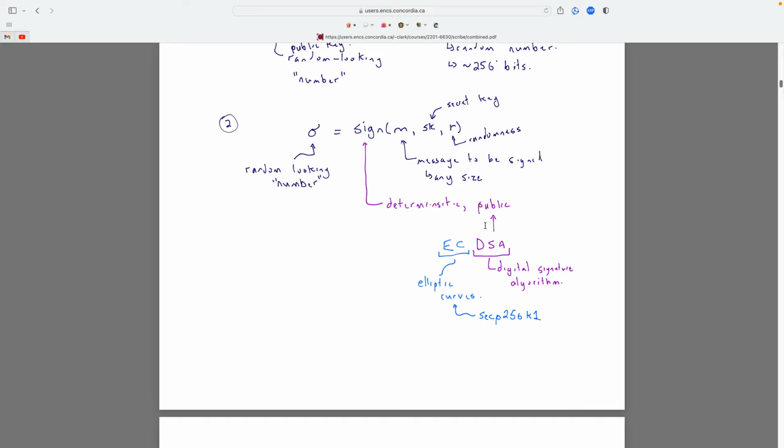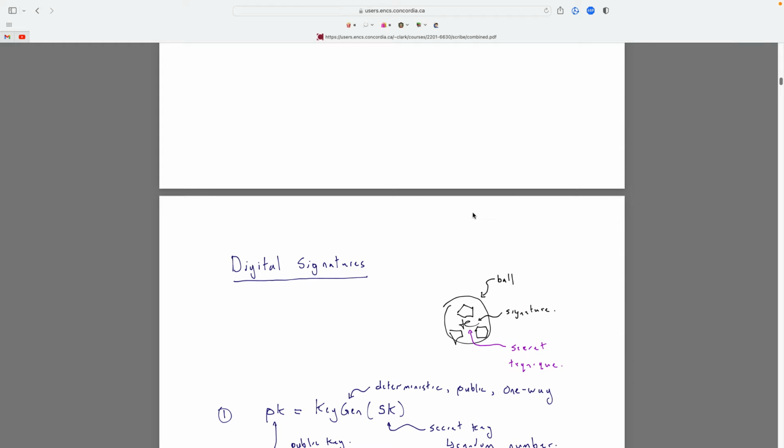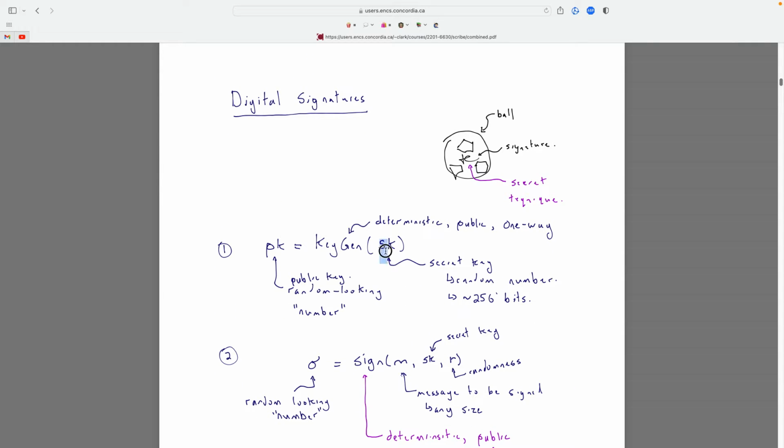But anyways, people lost a bunch of Bitcoin as a result of using these wallets. You also need good randomness for this algorithm. So when you choose your secret key, I think the Android thing was more related to that, which is just that they weren't choosing good secret keys. And so you could actually try every possible secret key because they weren't truly random.